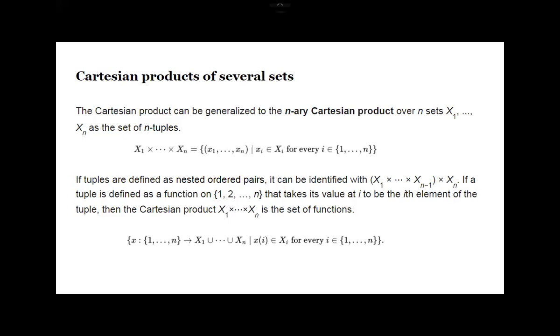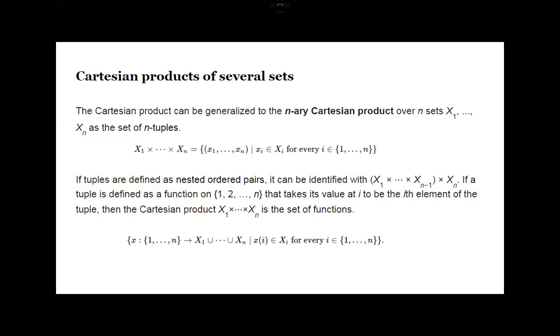The Cartesian product of X1 into X2 into Xn will be the elements small x1, small x2, and so on up to small xn, where small xi belongs to capital Xi, and i moves from 1 to n.